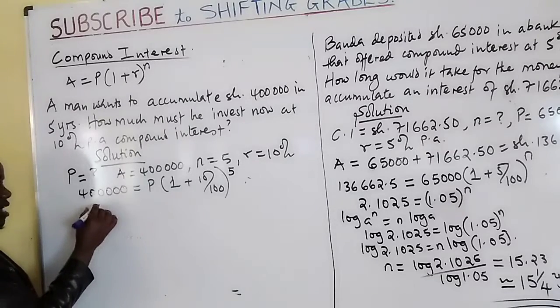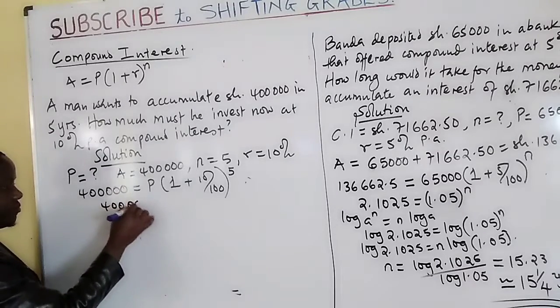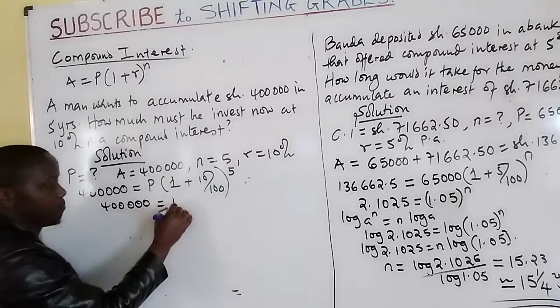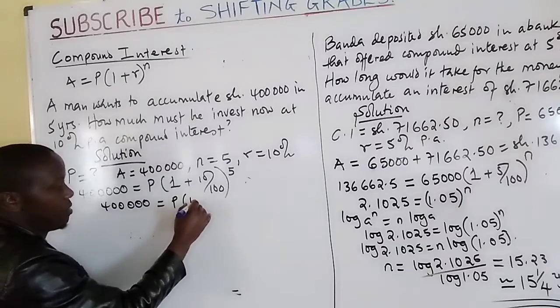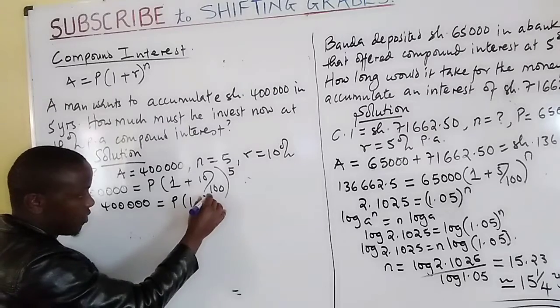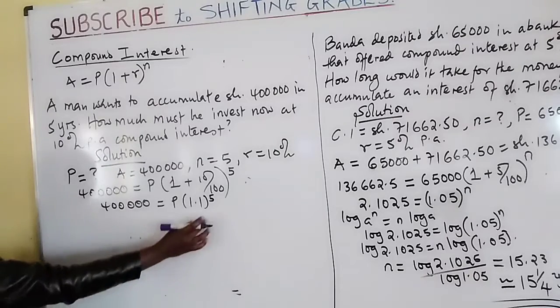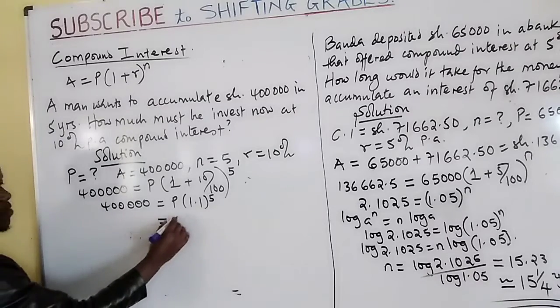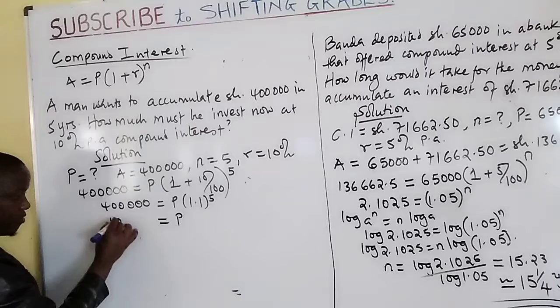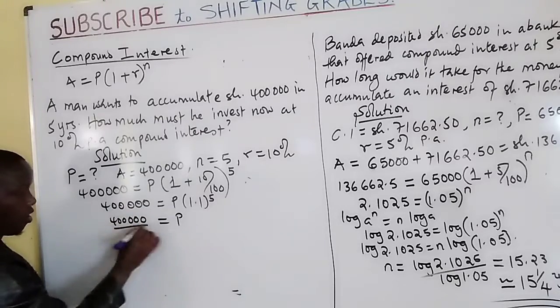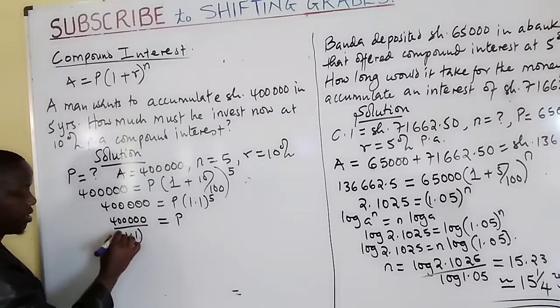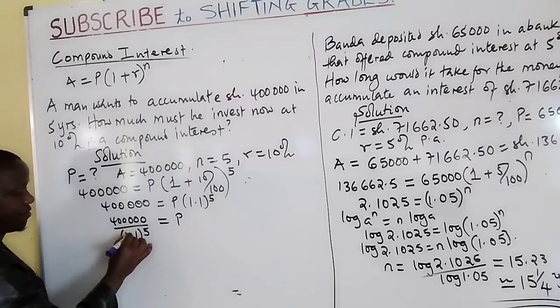So 400,000 is equal to P into 1.1 raised to power 5. We divide through so that we remain with P here: 400,000 all over 1.1 raised to 5.